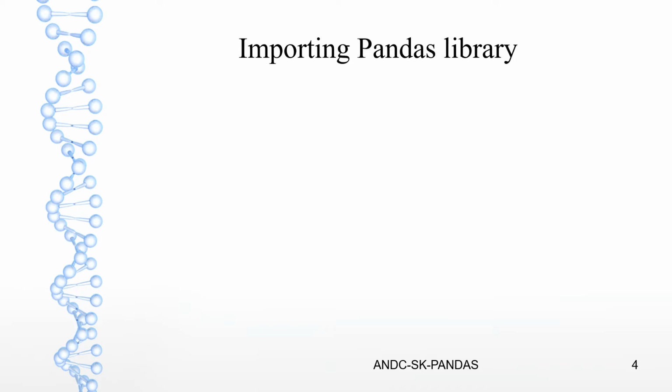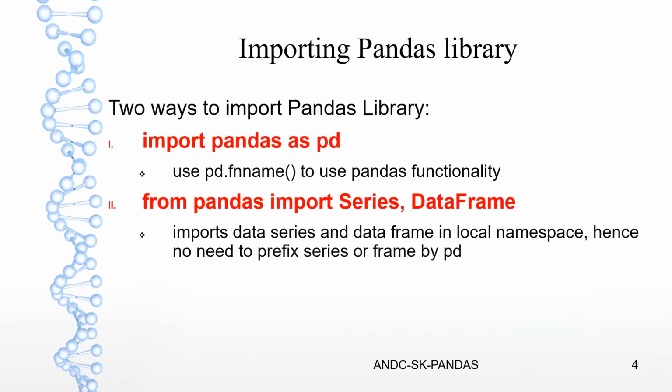Before working with pandas functionality, we need to import the pandas library into the Python program. This can be done in two ways. The first way is by writing the statement import pandas as pd. In this case, whenever you have to create any object from the pandas library and use its functionality, you have to write pd and then the object name or function name through which you want to work with pandas.